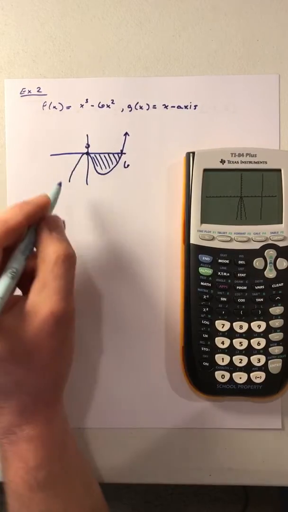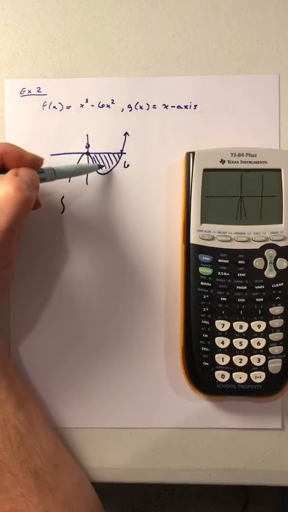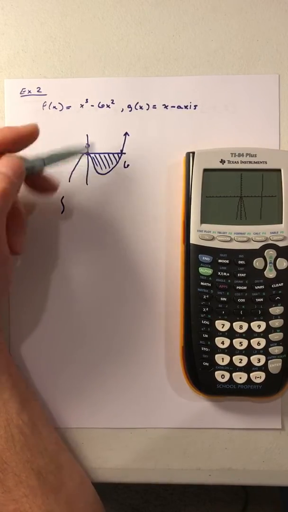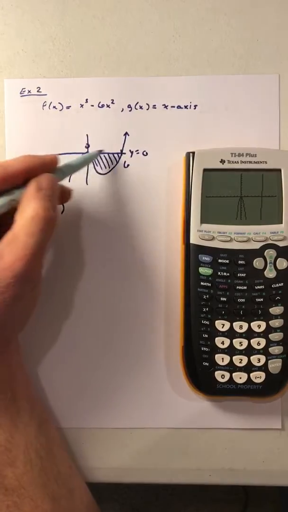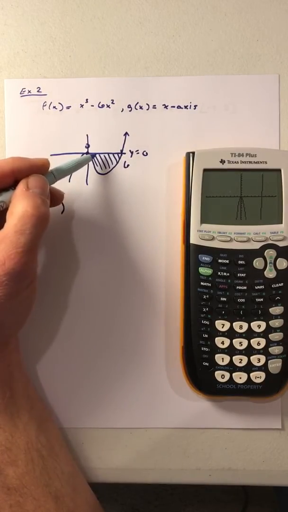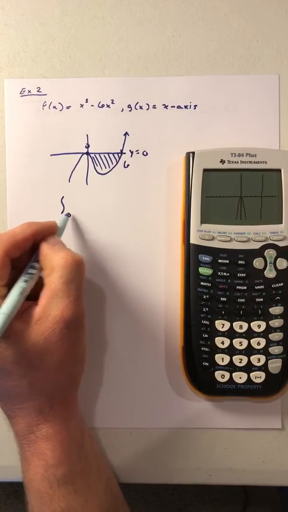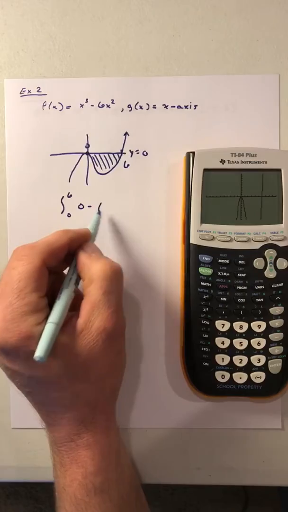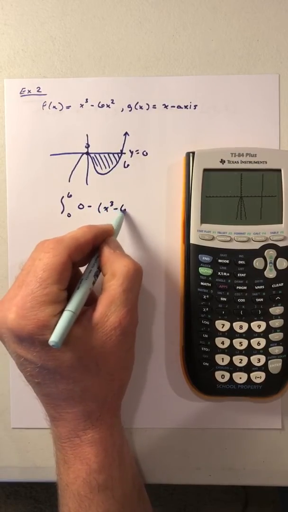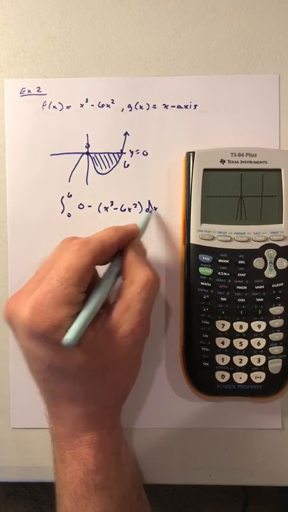In order to find a positive area, I have to take my top curve minus my bottom curve. Well, this is the equation y equals 0, so my top curve, or g of x, is 0. So I'm going to integrate from 0 to 6 of 0 minus my f of x, which is x to the third minus 6x squared dx.